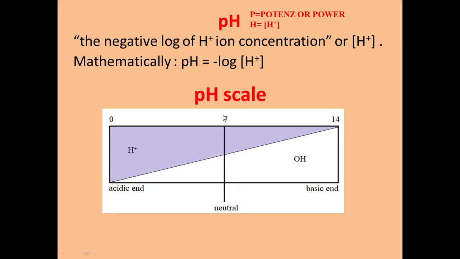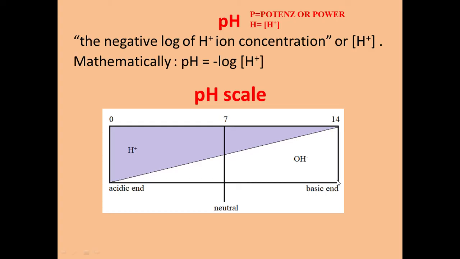Okay, now we talk about the next topic, that is the pH scale. It is an ordinary scale. You can see here, this scale has two ends, one is the acidic end, another is the basic end, with graduation 0 to 14. The end towards 0 is called the acidic end, while the value 14 represents basic.